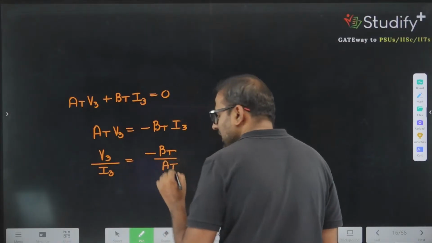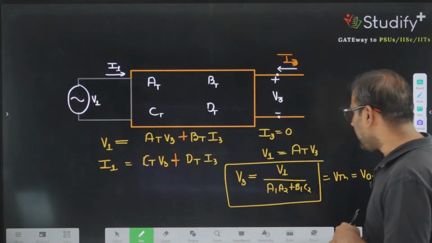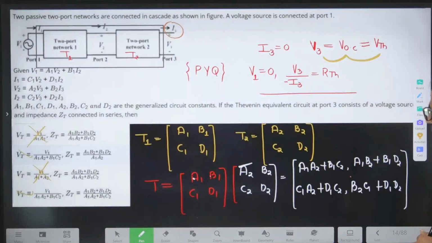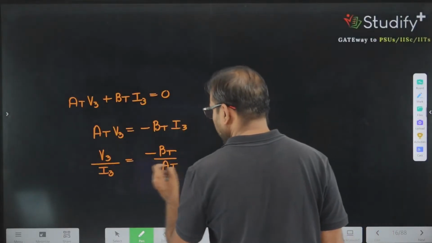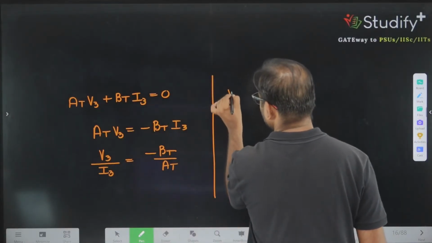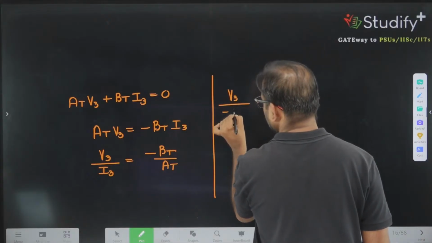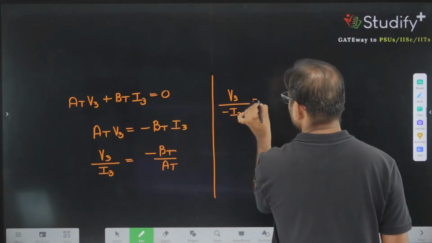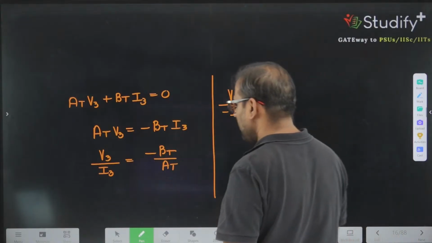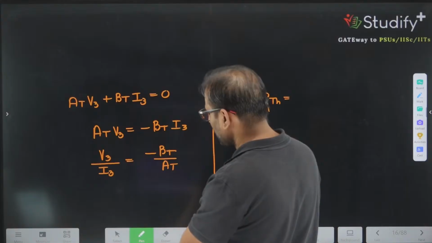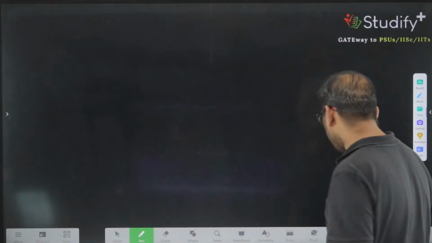And as you know how we are defining it: what is ZTH? The V3 by minus I3 ratio. So V3 by minus I3 is RTH, and that ratio is equivalent to BT divided by AT. What is BT in this question?